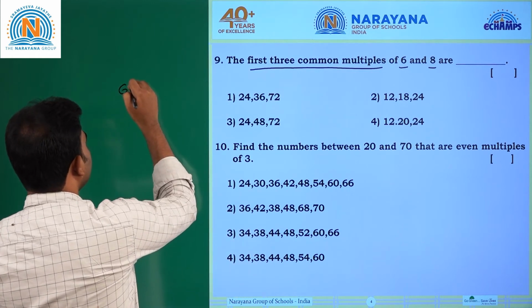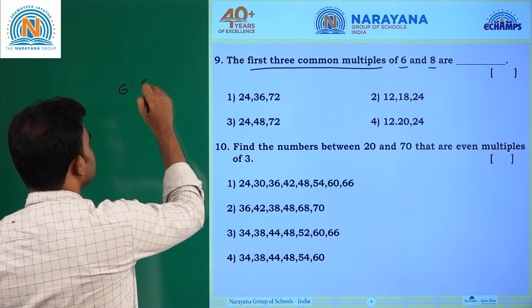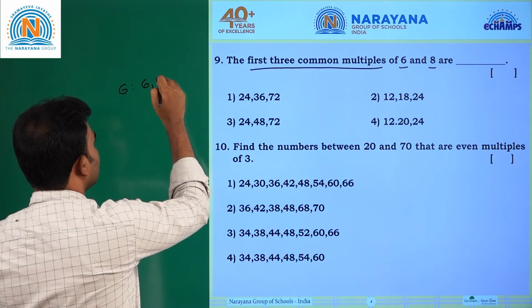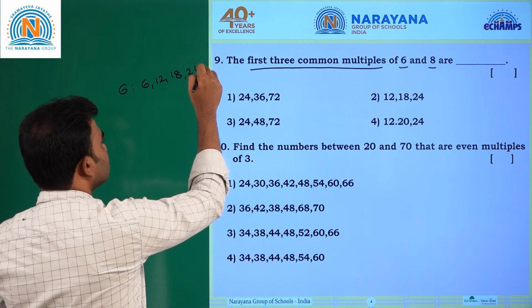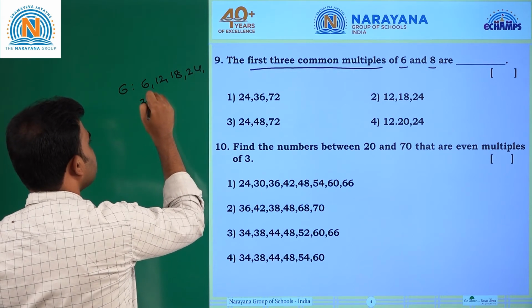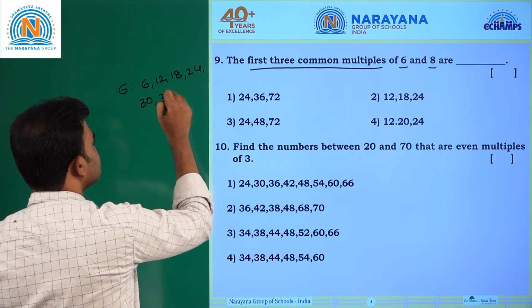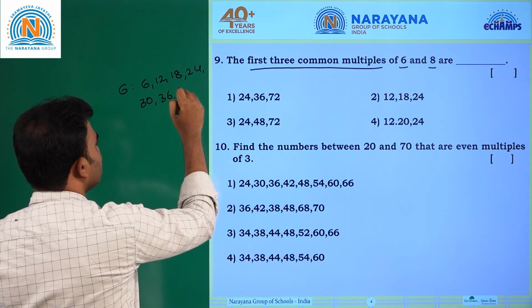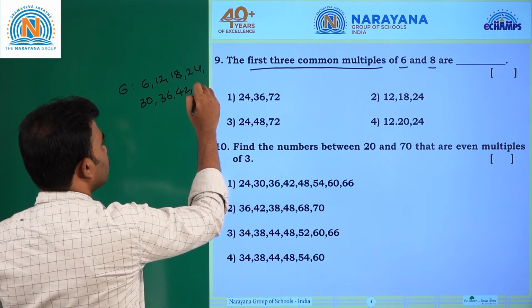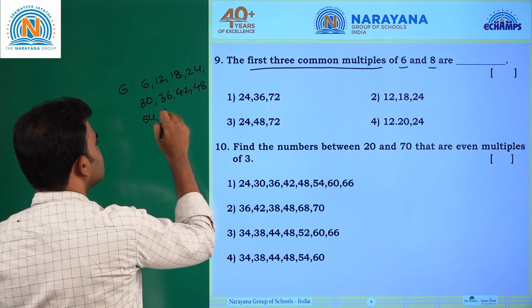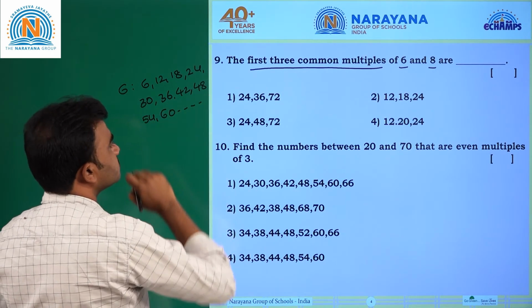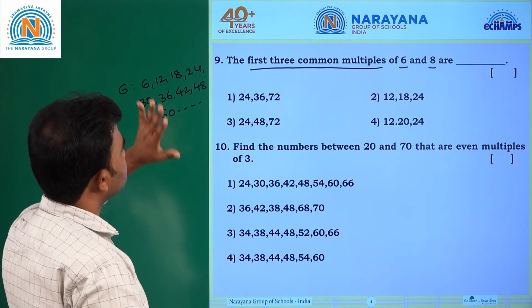What are the multiples of 6? 6, 12, 18, 24, 30, 36, 42, 48, 54, 60 and so on. These are all the multiples of 6.